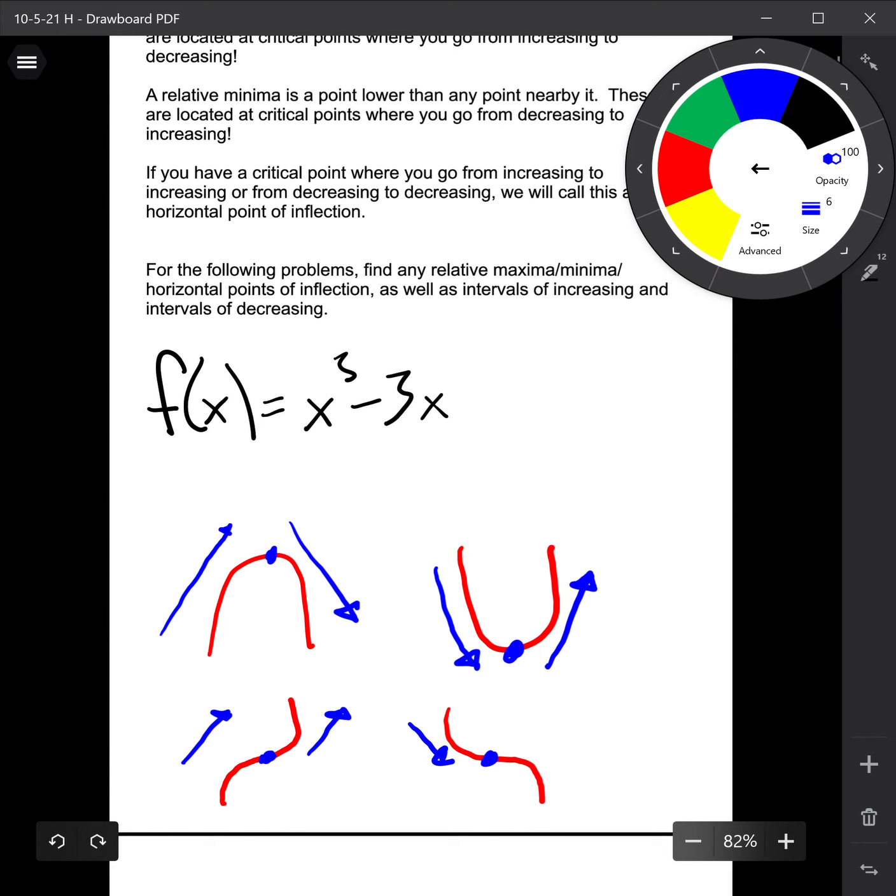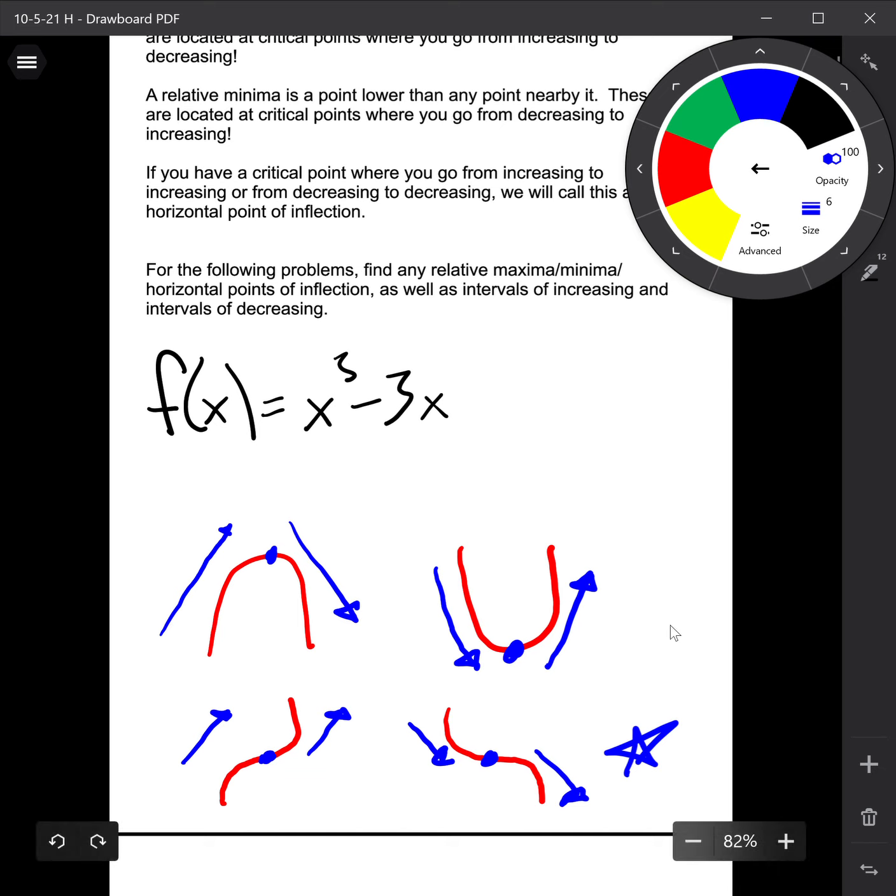On this side, I'm decreasing, and I'm still decreasing. This is what we're going to call horizontal points of inflection. So that's what this last chapter, or that third paragraph is about. If you ever go increasing to increasing or decreasing to decreasing, and you're actually a point on your graph, which is important, then yeah, we're going to call you a horizontal point of inflection. And this is what you look like in this last column down here.